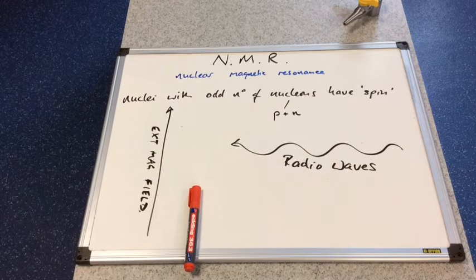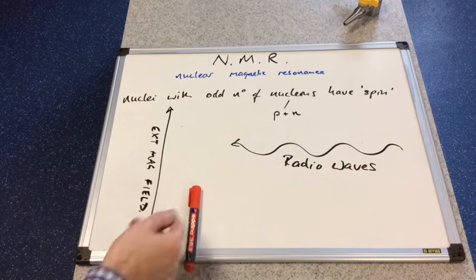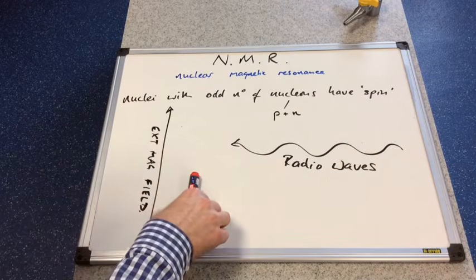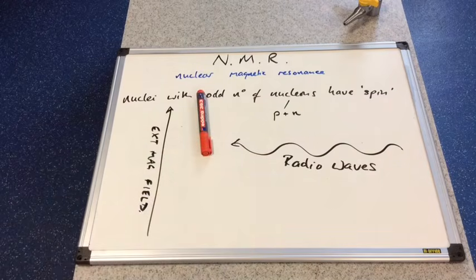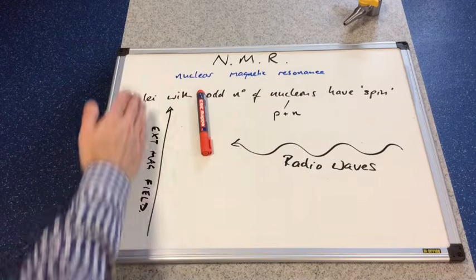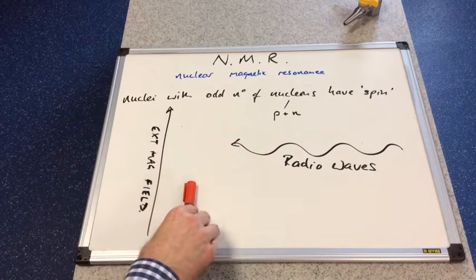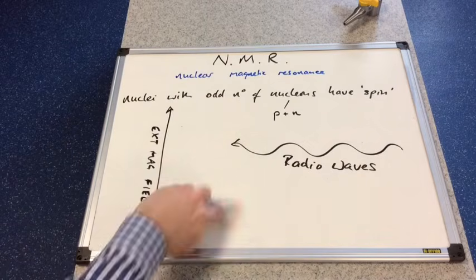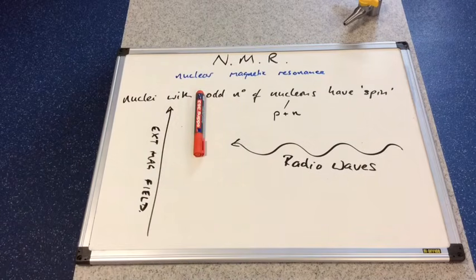If you can get the right radio wave frequency, you can flip the spin state around. And what that actually does is it raises its energy level. So if you think of this as an energy axis, it would rather be in this spin state, but with the right radio frequency, it'll flip round and go up to there.